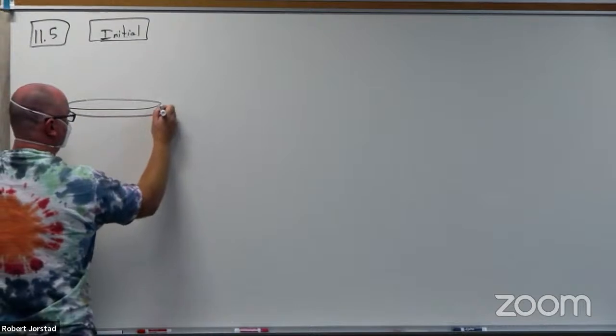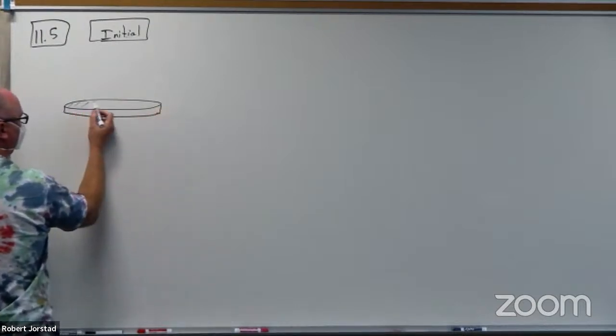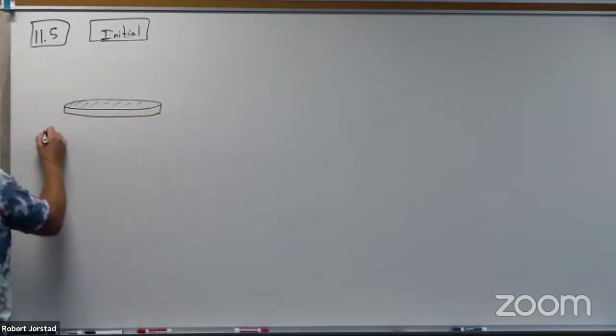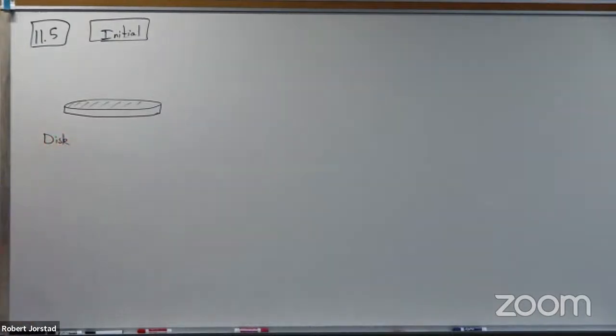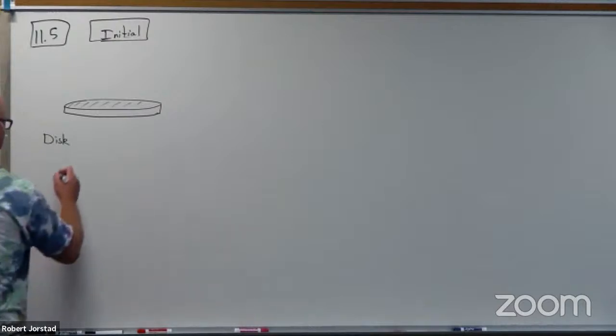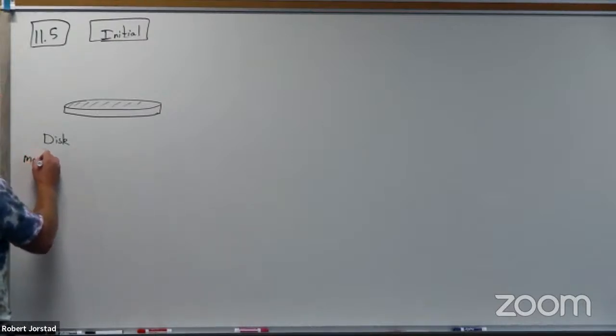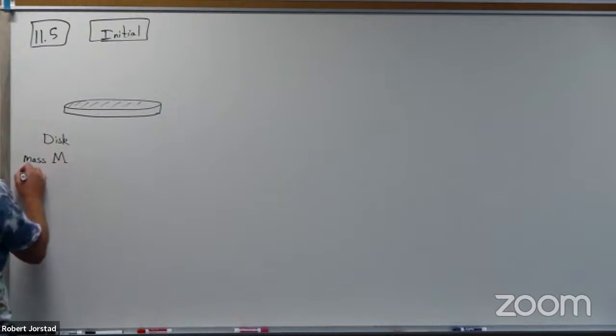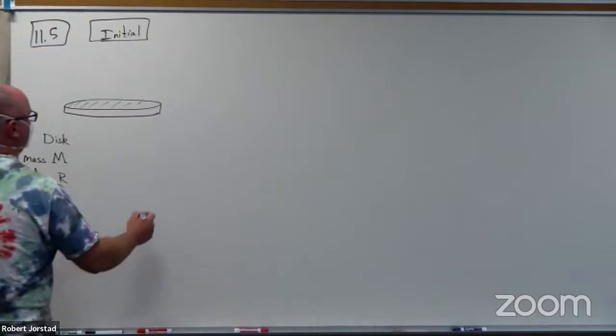There's a large metal disc. So we're going to have a disc. Do we know any properties of that disc? Mass M. Radius R. And then we're going to use a thin ring.